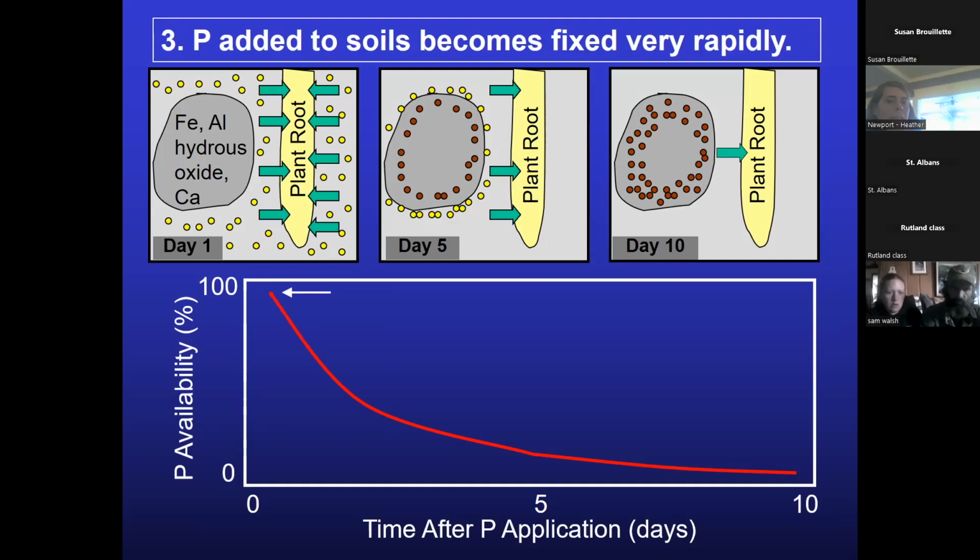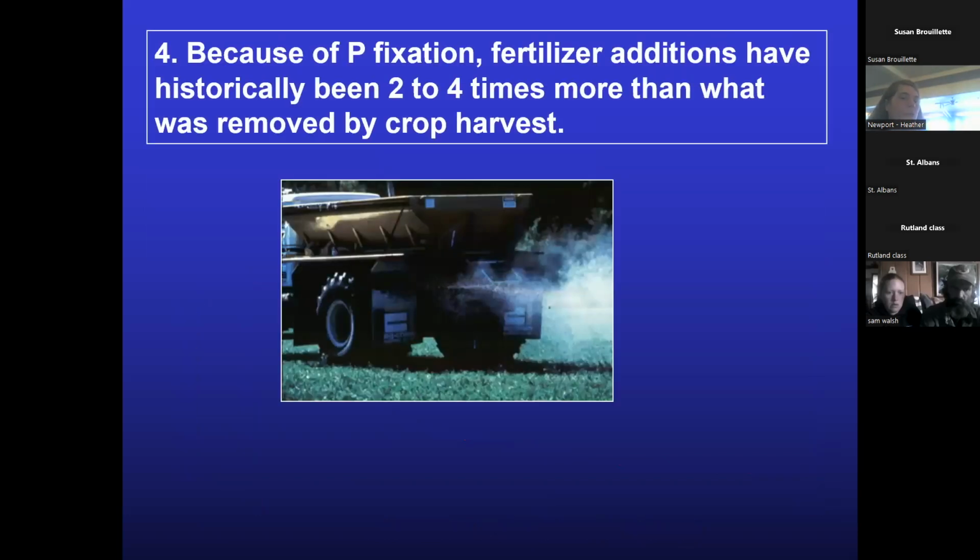And I think part of it was because we were really deficient in phosphorus. And so people were just putting on a lot more than what they needed just to meet the crop demand, like I was showing you before. But again, over time, that excess phosphorus that the crops weren't utilizing just keeps building up. All right. So again, what we've added in the past is 2 to 4 times more than what the crop actually needed. So again, over time, it keeps building up.